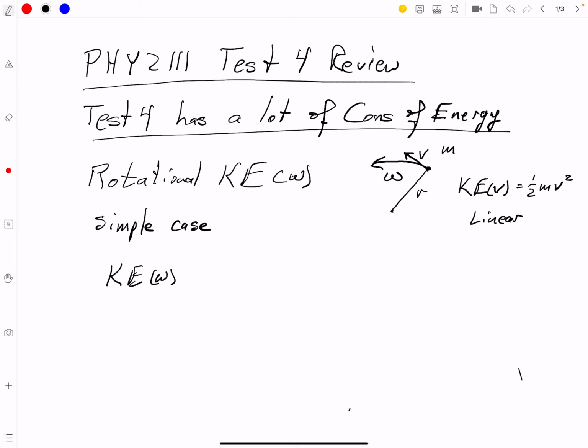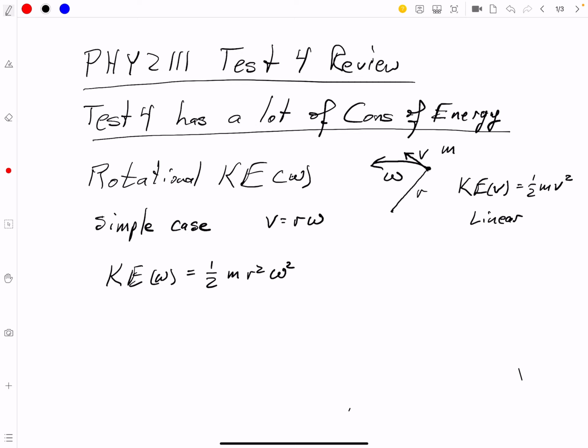But rotationally, since v equals r omega, we can say 1/2 m, v squared is r squared omega squared.